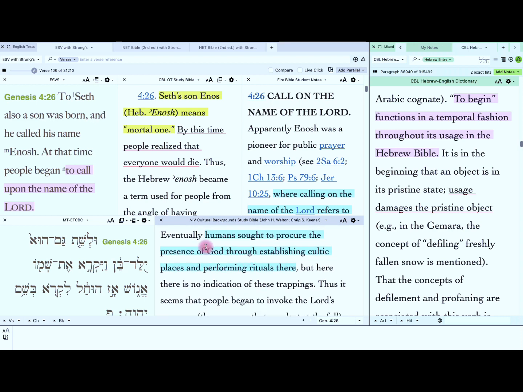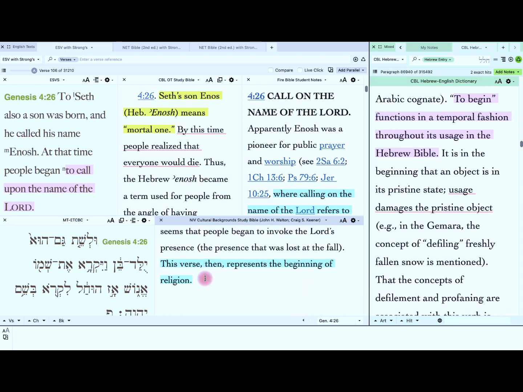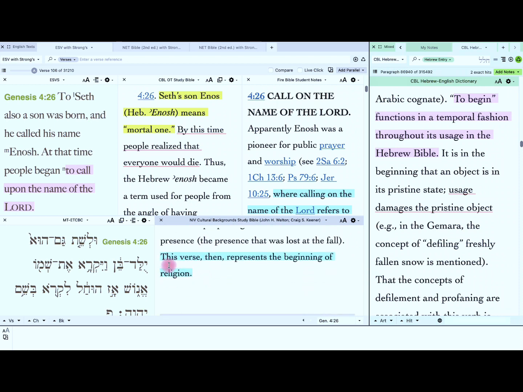Eventually, and this is important, that's why I highlighted it, humans sought to procure the presence of God through establishing cultic places and performing rituals there. Okay? So, finally, this commentary says, this verse then represents the beginning of religion.